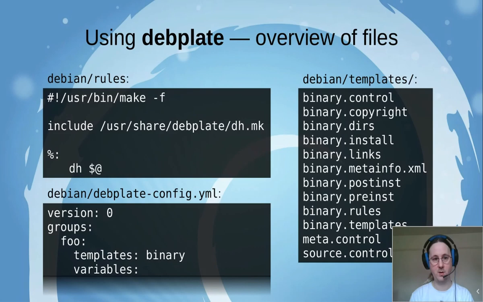This example package is using DH, and it has the standard wildcard rule for running DH, and we just have one extra line in there to include a makefile that's provided by debplate, and that will ensure that debplate is run at build time to generate the additional required files. Debian control, Debian source control, and Debian tests control, of course, have to exist in the source package, so those would be generated separately.